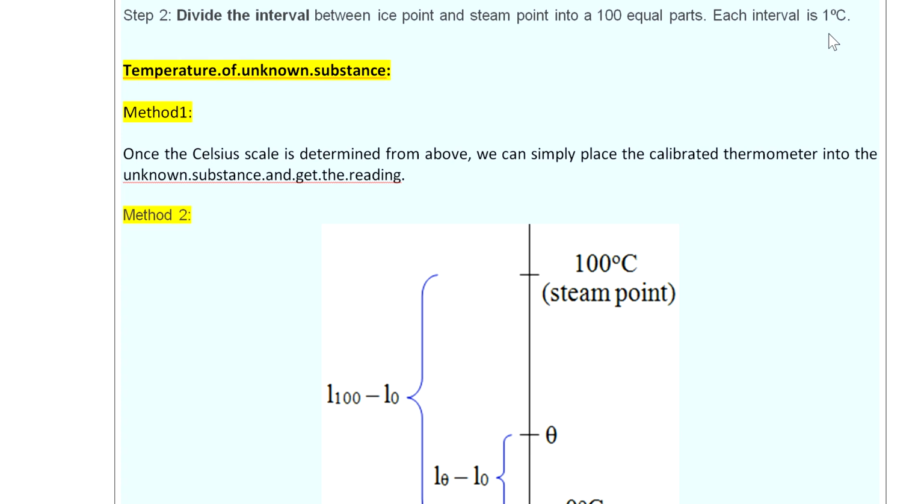Method 1 states that once the Celsius scale is determined from above, we can simply place the calibrated thermometer into the unknown substance and get the reading. Students, the contact of the thermometer with that object is very important. The thermometer must be in contact with the object, then we can find the unknown temperature.